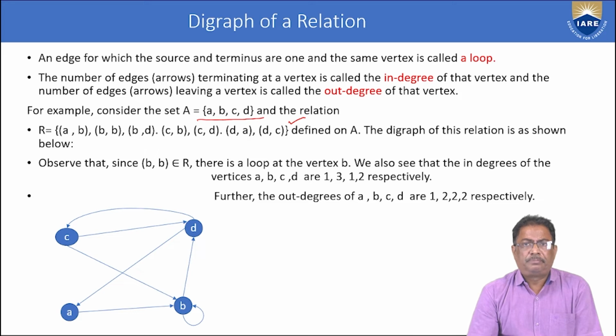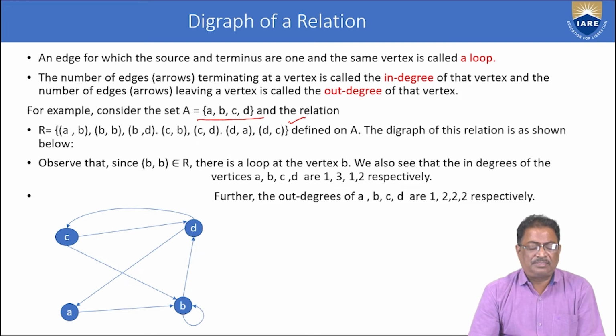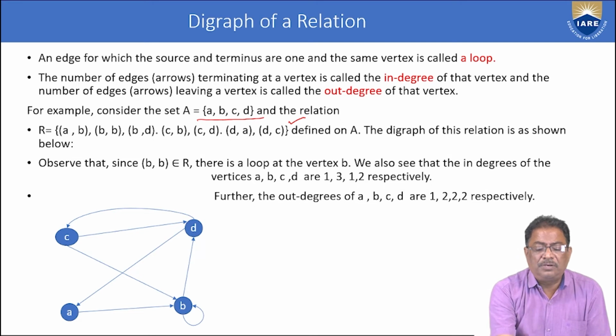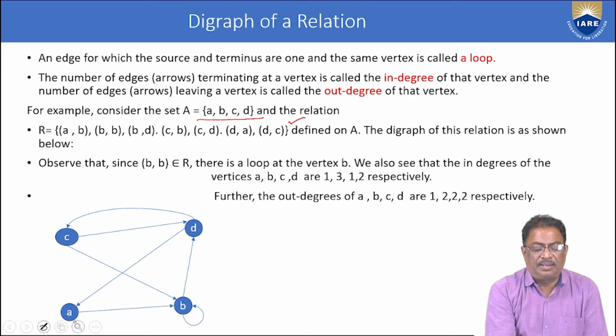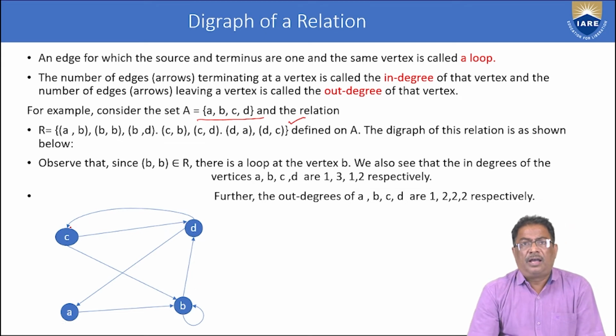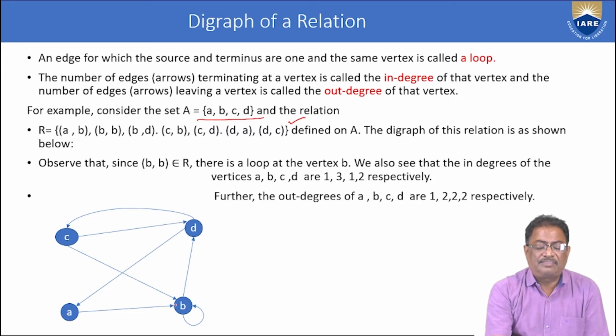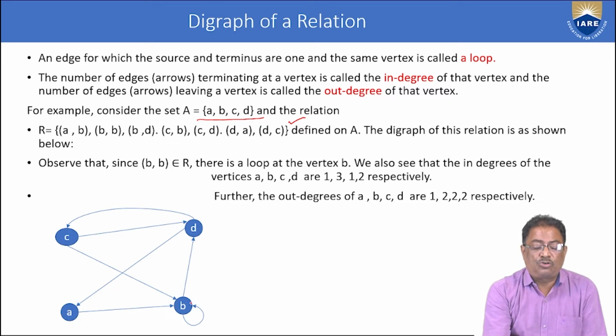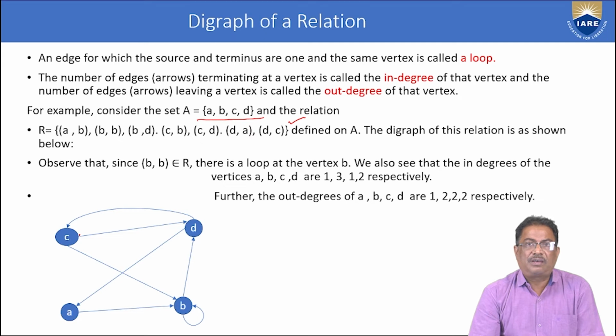Now the pictorial representation of a relation is nothing but a digraph. The elements are A, B, C, D, in any order. I am taking these and they are going to be encircled. 4 elements are there in the set, so 4 circles are going to be drawn, and we label the 4 circles with the elements of A.